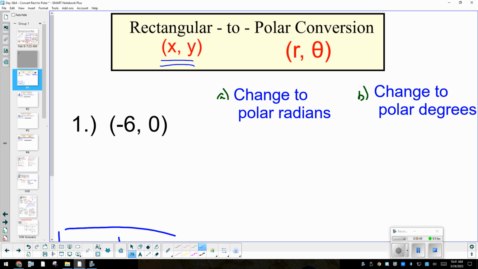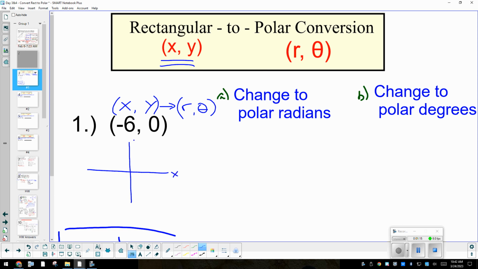They can look the same. So you want to read the instructions, and I put an x comma y above it, so I know that I'm going from x comma y, and I want to get r comma theta. Okay?